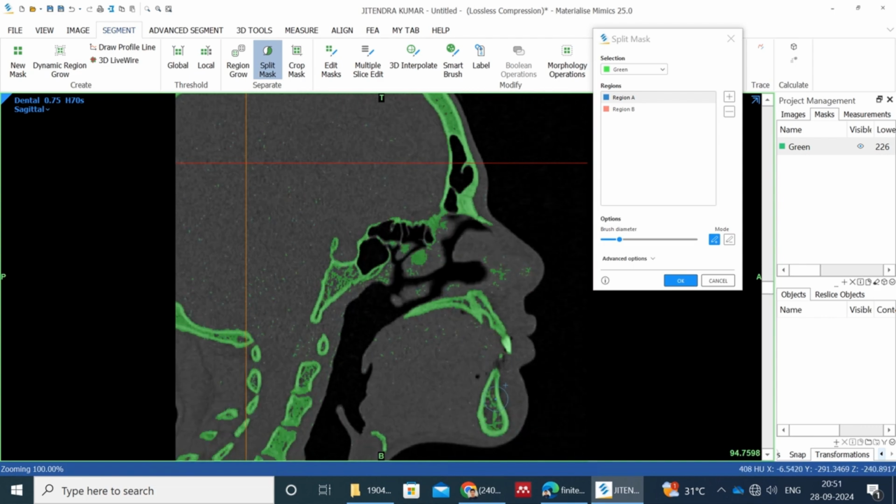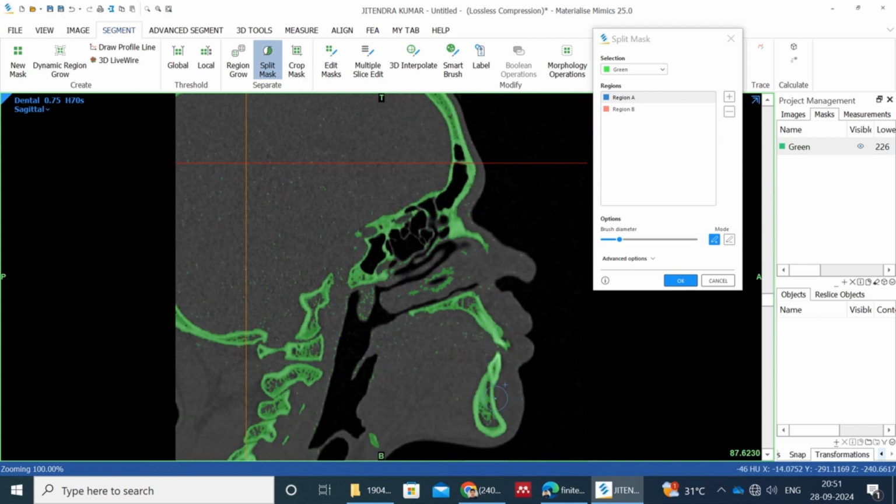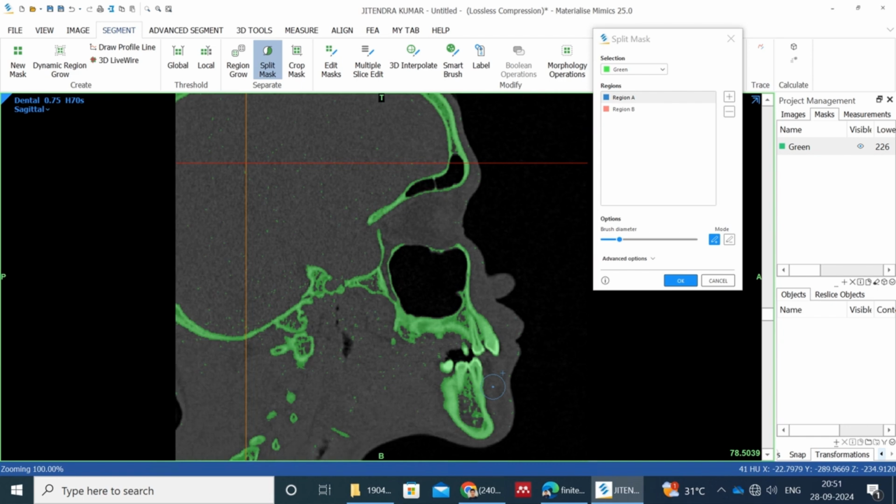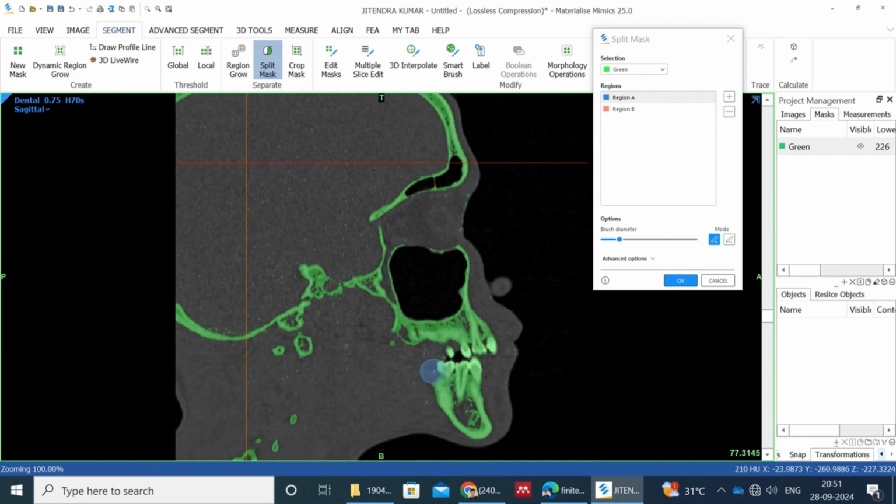We will traverse from the left side to the right side, and we will select a few images of the mandible by skipping some images in between two images.